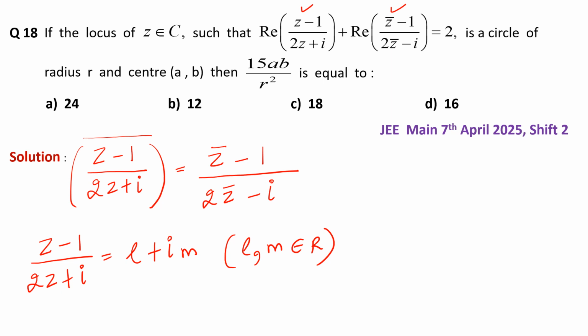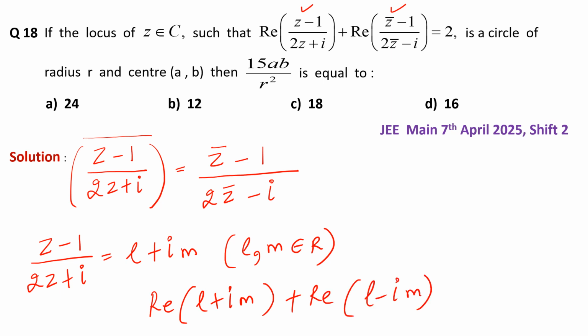Then according to the given equation, real part of (L plus iota m) plus real part of (L minus iota m) will be equal to 2, right?